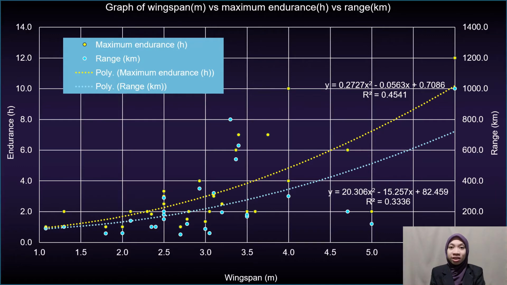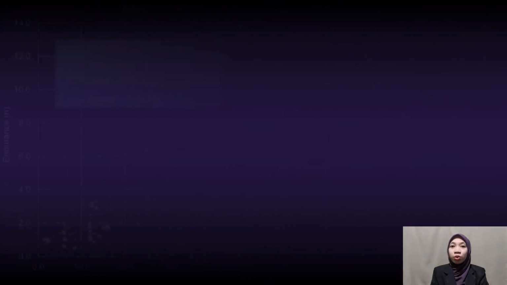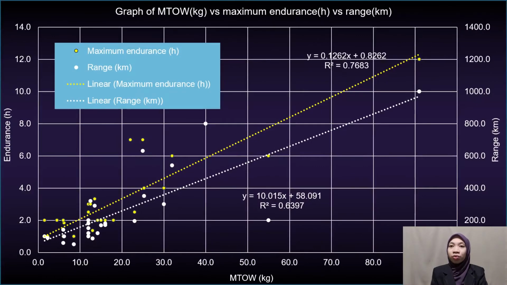So from the previous assumption, if we assume the wingspan will be 2.5 meters, the estimated endurance will be 2 hours 15 minutes with a range of 160 km. The next graph shows maximum takeoff weight versus maximum endurance and range of the UAV.